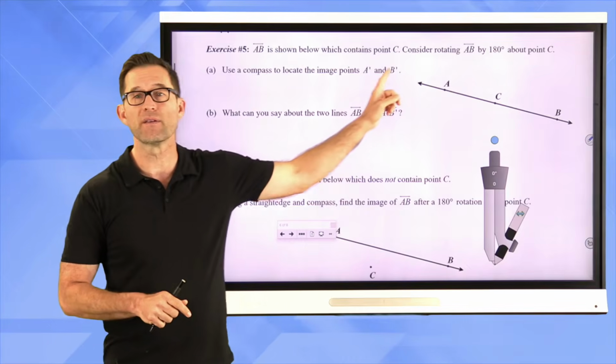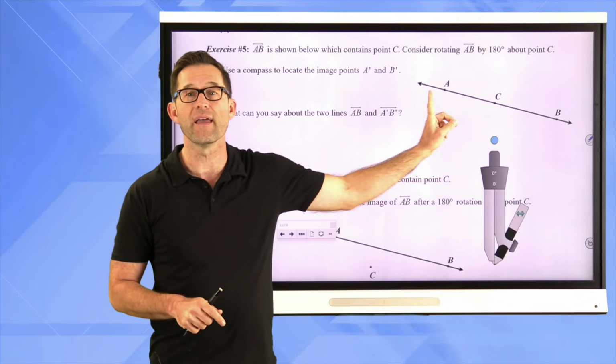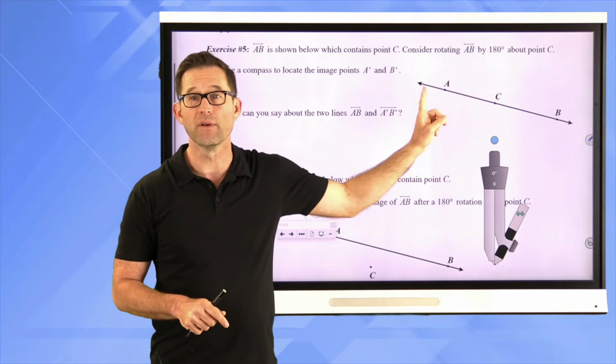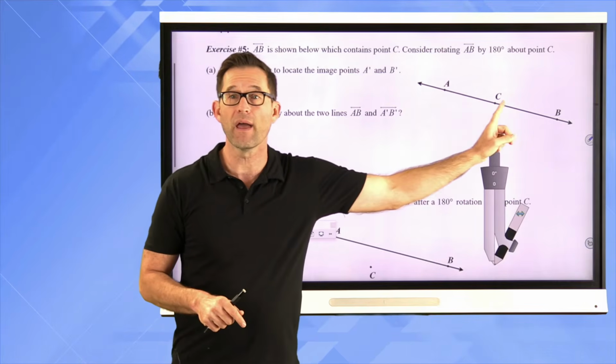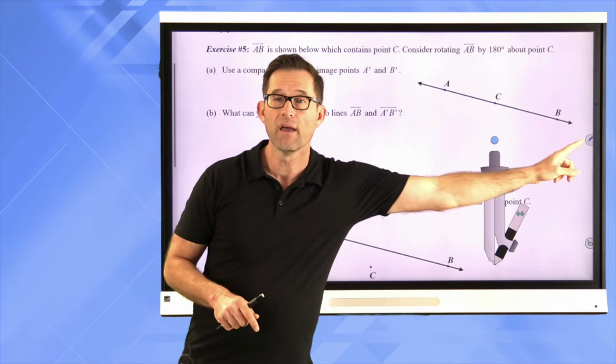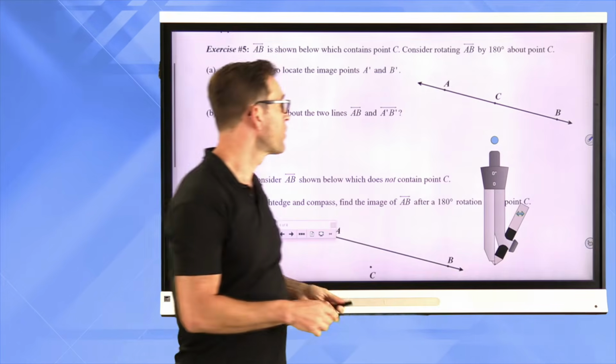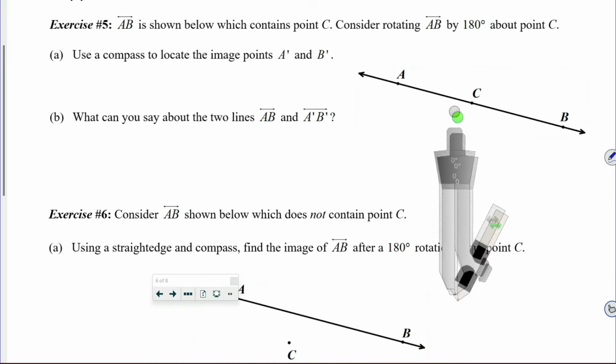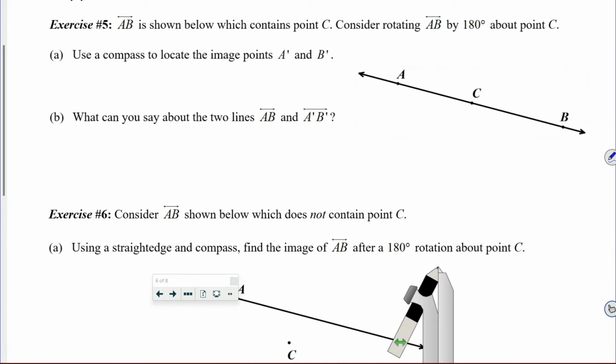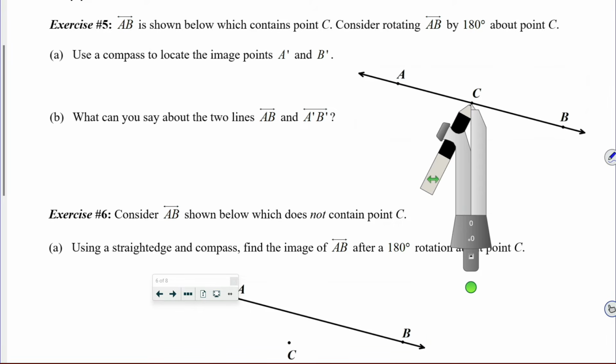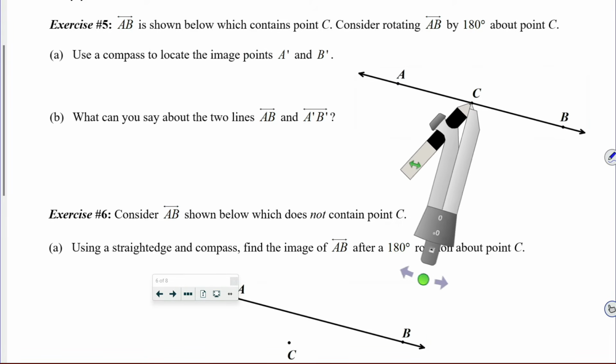Well, with all point reflections, let's say I wanted to reflect point A through point C. What I would do is draw a line from point A through point C, and locate A somewhere on the other side of it.